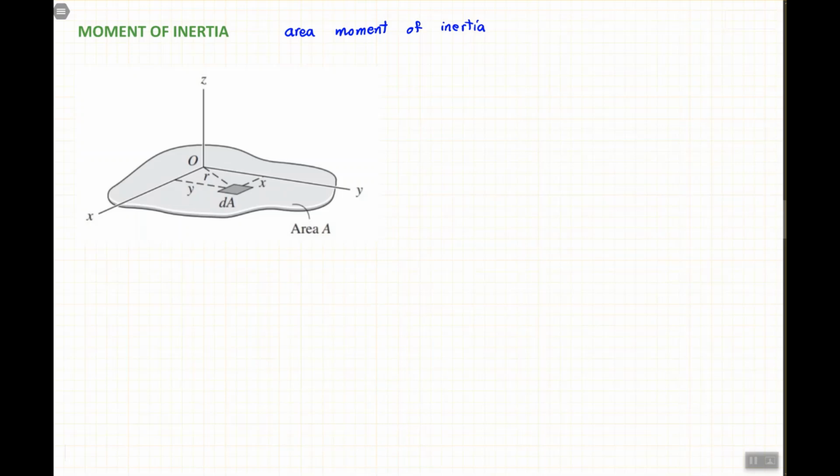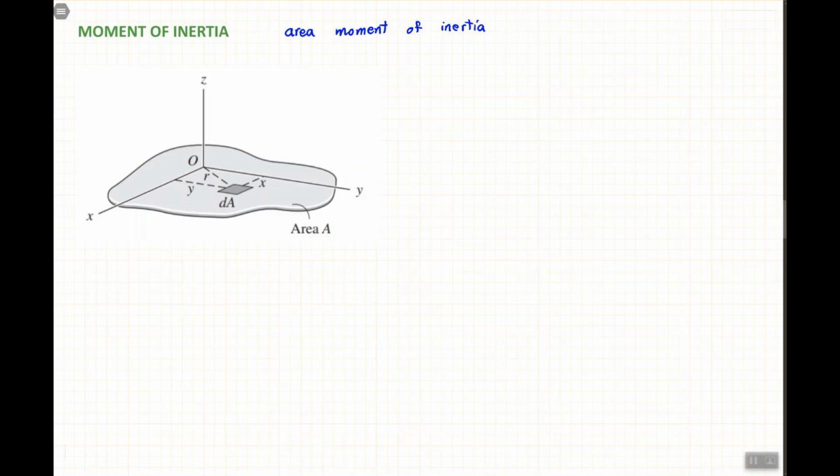That's why in this course, when we say moment of inertia, we are referring to area moment of inertia. It's a physical property which relates to the resistance to bending. The bigger the moment of inertia for a cross section of a beam, the stronger it is in terms of bending, as explained in the video.